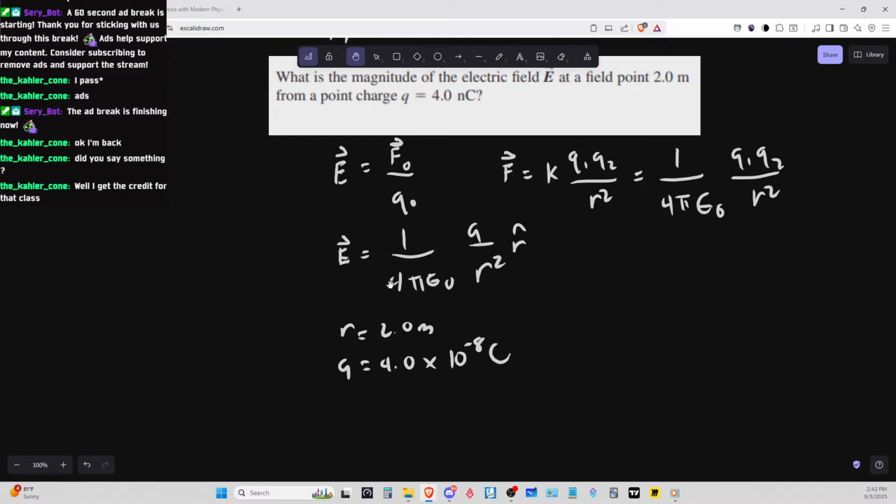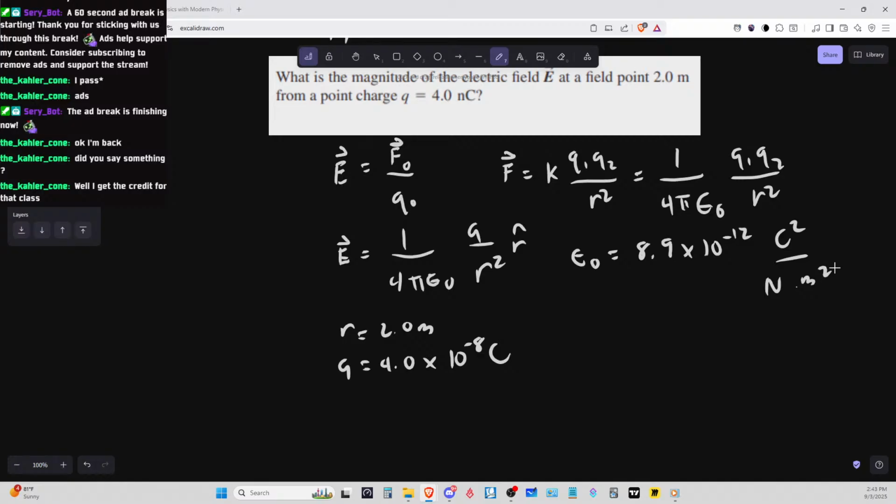Alright, so I think we have to use this formula. If I remember, epsilon naught is 8.9 times 10 to the negative 12 coulombs squared over newton meters squared.